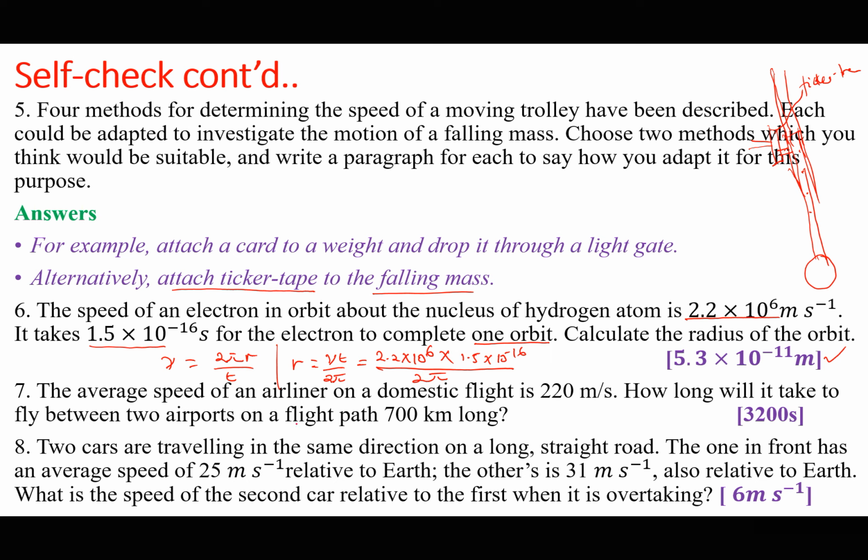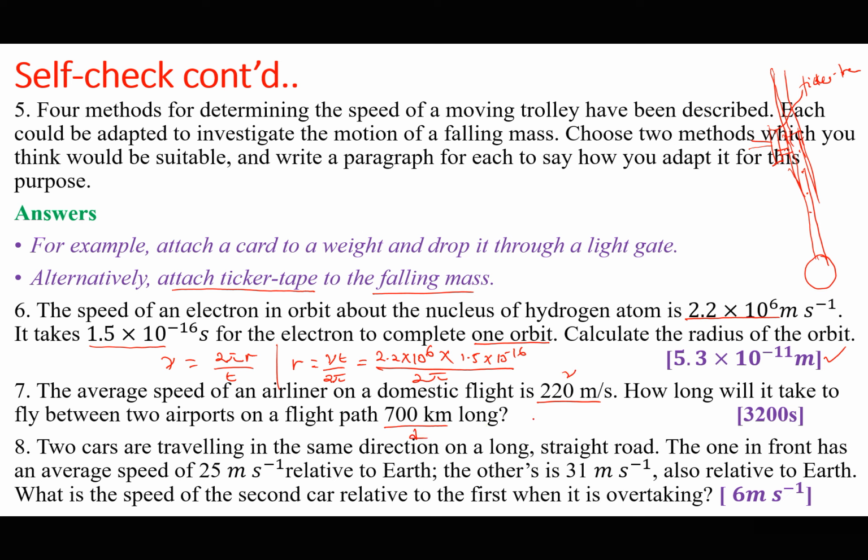The average speed of an airliner on domestic flight is 220 meters per second. I think that is the same as about 900 kilometers per hour. How long will it take to fly between two airports on a flight path 700 kilometers long? So you have the speed and you have the distance.